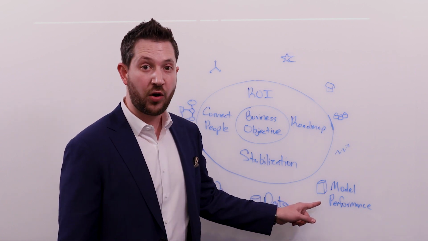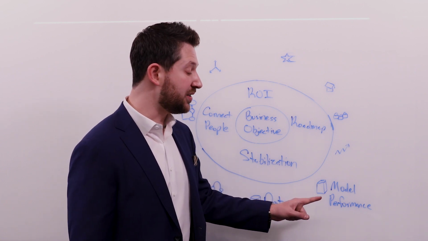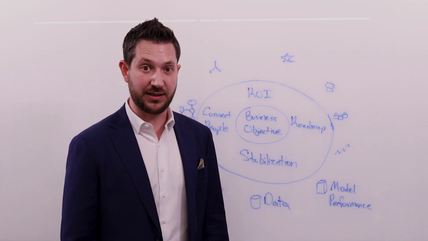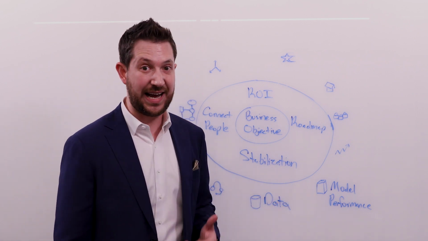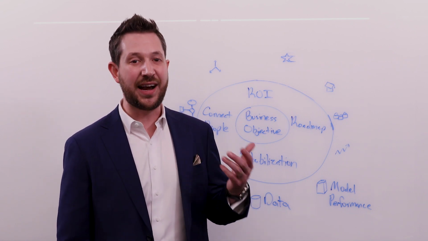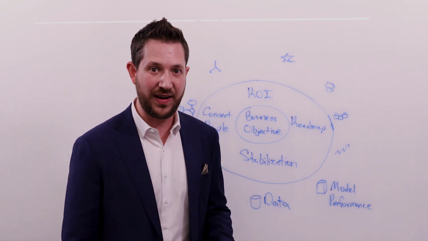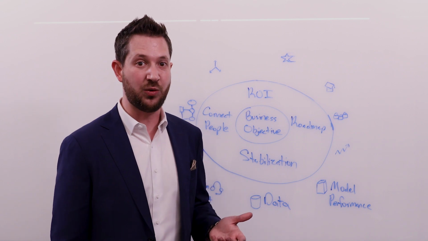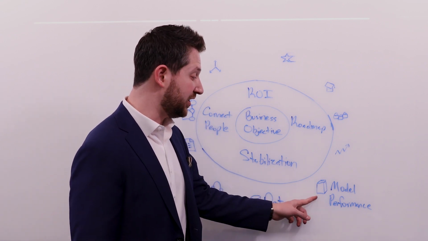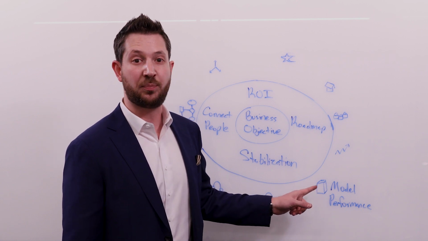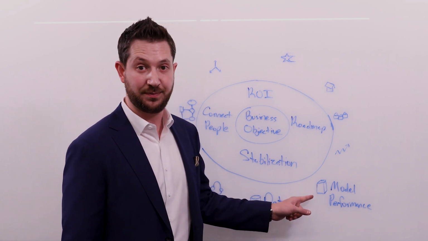So here, what a Center of Excellence is doing is monitoring the current system, making sure that it's working as planned, making sure that it's actually doing what it's supposed to do, and that it's working in a responsive time, that it's moving fast enough, and that end users are happy with how the end models and dashboards are working. So a COE is responsible for ensuring the performance of the production models.